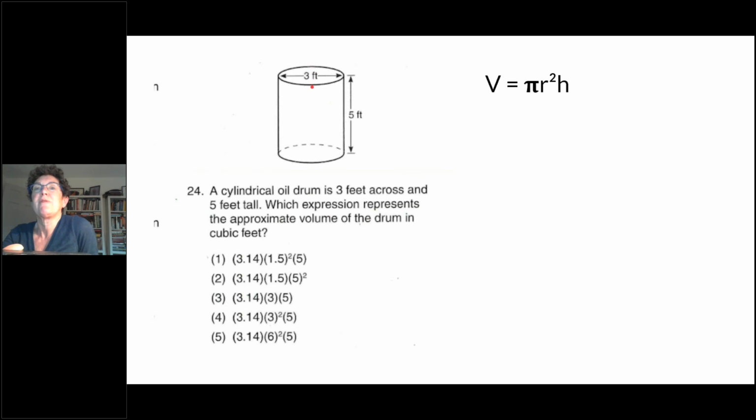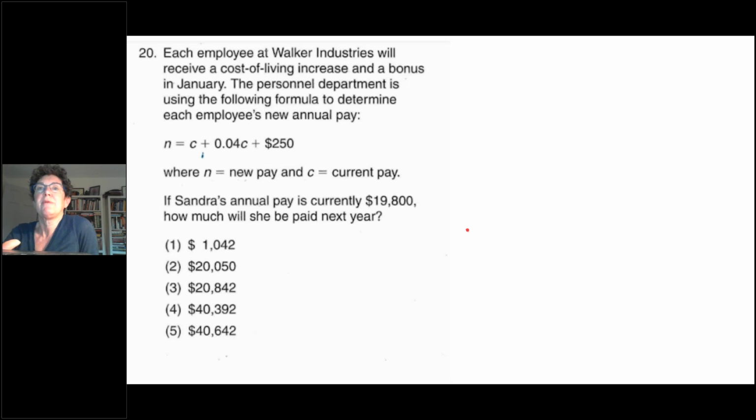And which one of these is that? 3.14 times the radius, which is 1.5 squared, times the height, which is 5. And that will give me the volume. So the radius is 1/2 the diameter, and this equation, volume equals pi times 1.5 squared times 5, would be answer number 1.